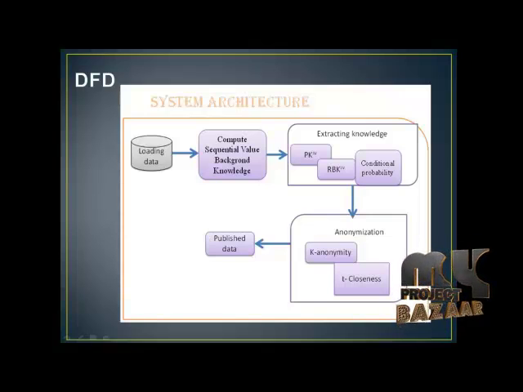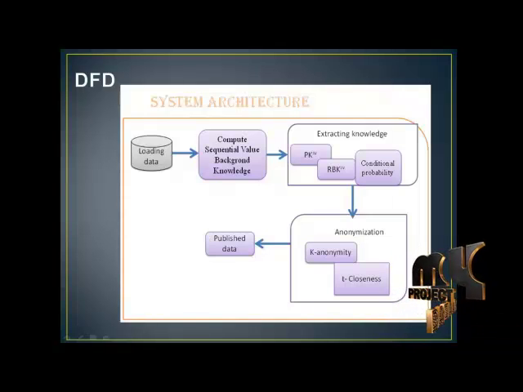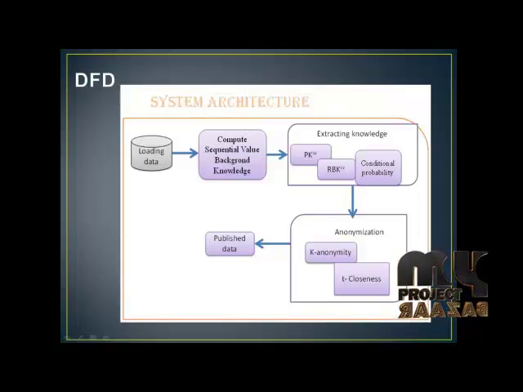After K anonymity has been completed, we start the T closeness, which is used to anonymize each record's sex values into an anonymized form. Once the anonymization is complete, we are ready to publish the dataset into the database.